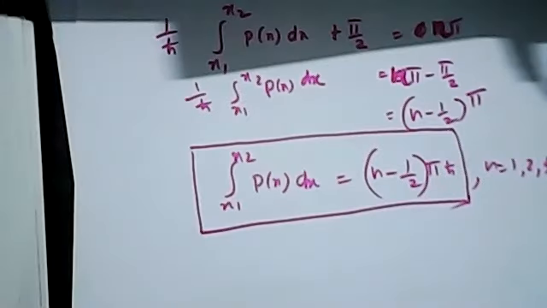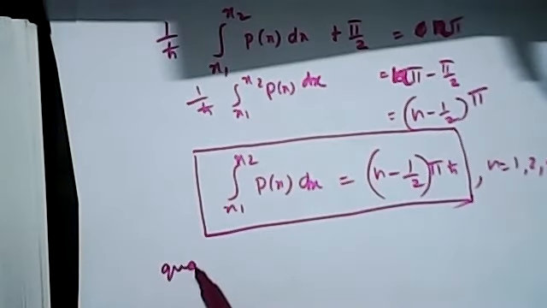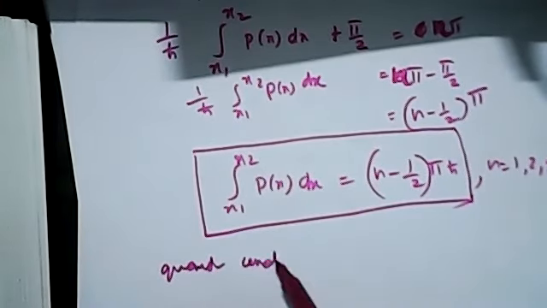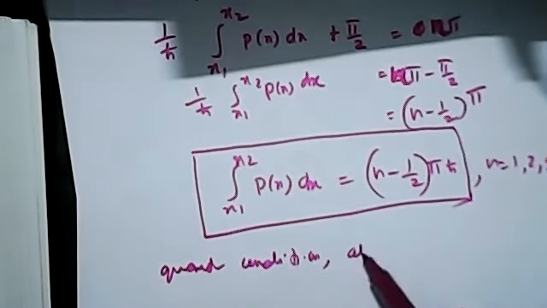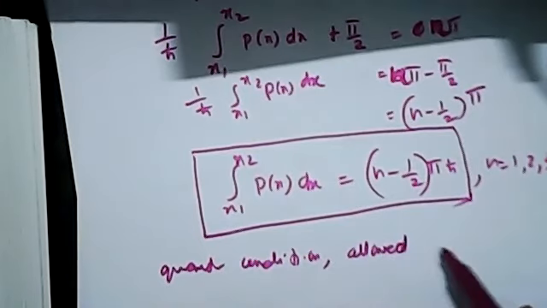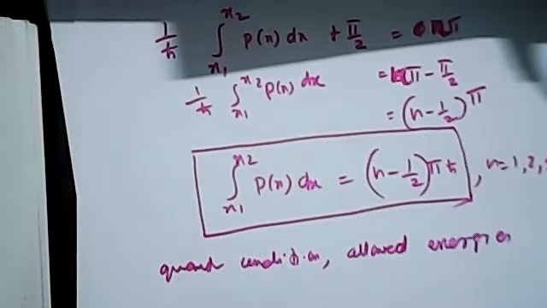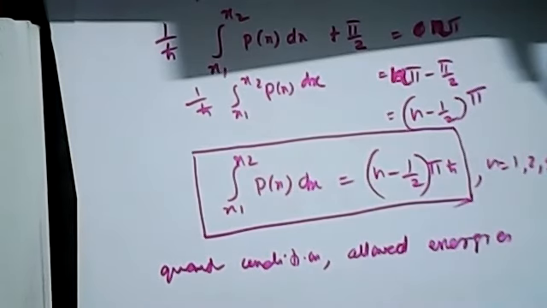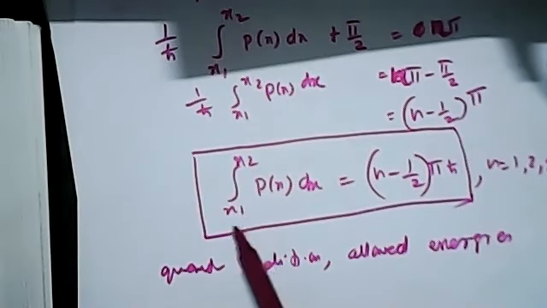Okay, so this is the quantum condition which determines the allowed energies for a typical potential with two sloping sides. This is different from vertical walls because the limits are x1 to x2.